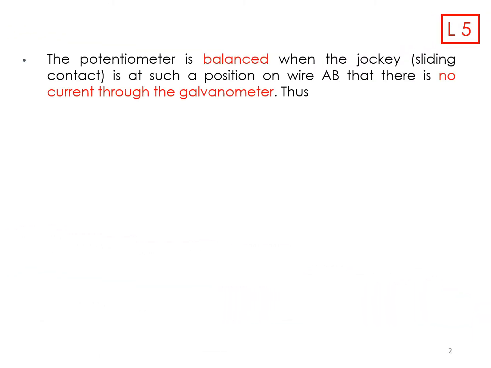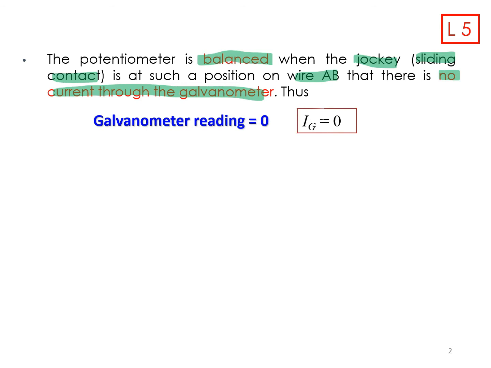The main concept in potentiometer is we need to make sure our potentiometer is in balance. Seimbang. When the jockey or sliding contact is at such a position on wire AB that there is no current through the galvanometer, thus the galvanometer reading is equal to 0, or current across galvanometer equal to 0.